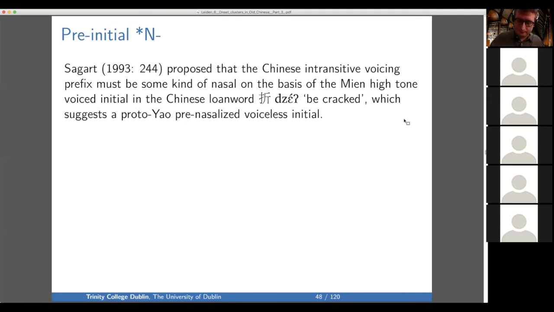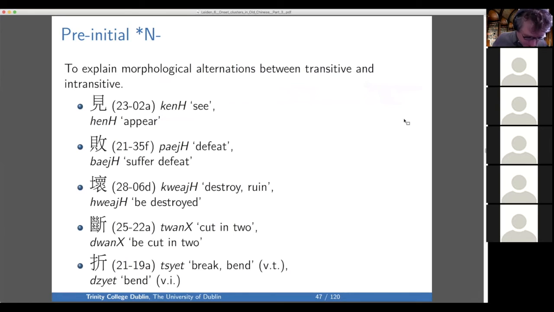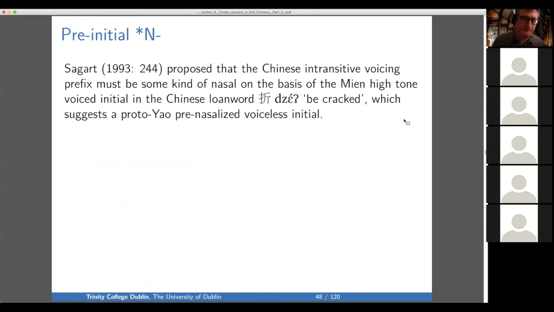In this word, be cracked, the very last thing on this slide, there's evidence that when it was borrowed into Mien, it had a nasal on it. So that's the starting point for Sagart proposing that the voicing alternation you see here has to do with a nasal prefix.